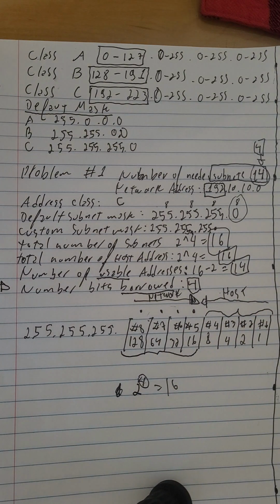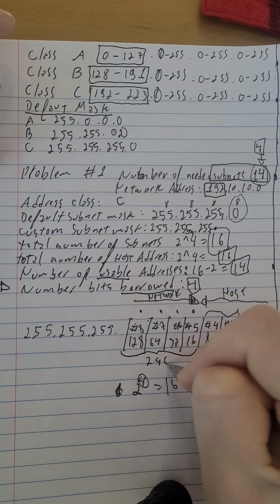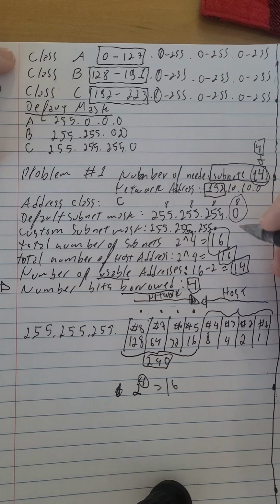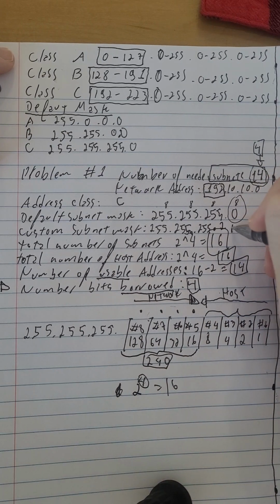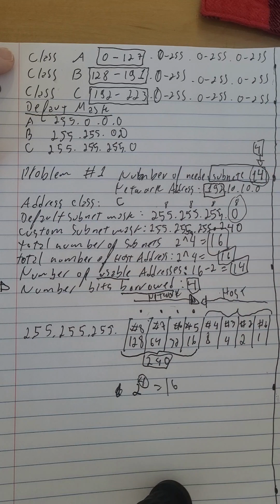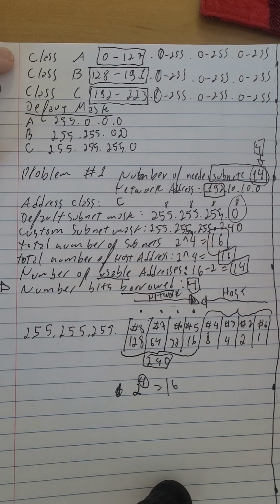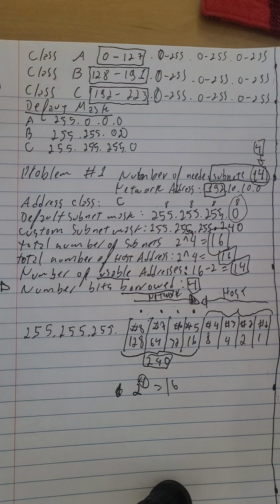How much is that? 240 will be the answer here in the custom subnet mask. Okay? So this is how we calculate class C.